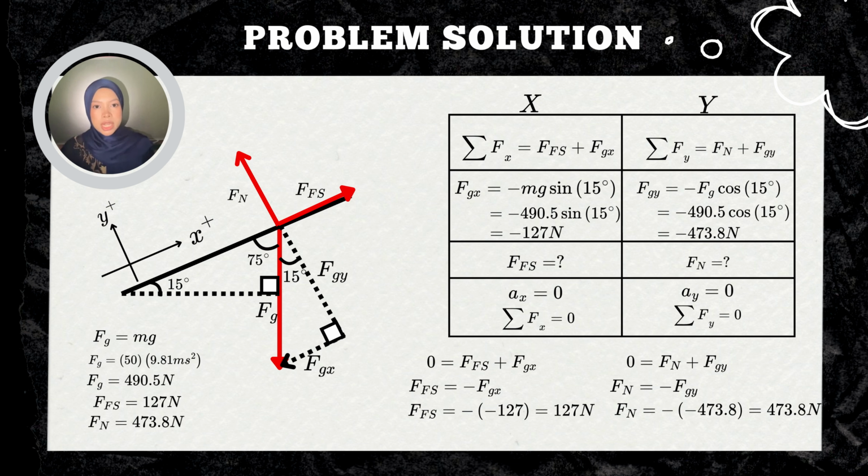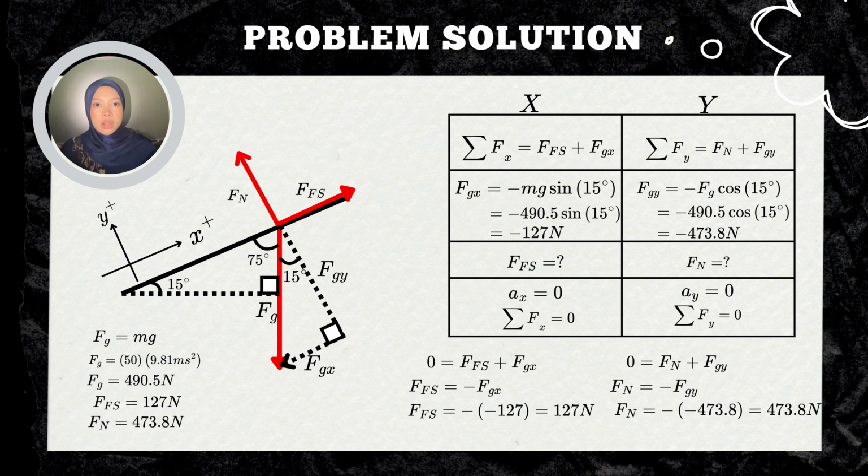Next, we calculate the gravity force using the formula Fg equals m multiplied by g. And then we get 50 kilograms multiplied by 9.81 m/s squared, and the total becomes 490.5 Newtons. Next, let's focus on the x direction, which means parallel to the ramp. From the FBD, sum of Fx is equal to force of friction plus Fgx.